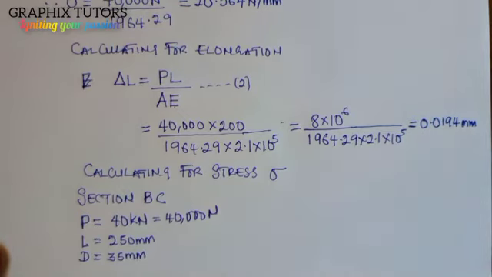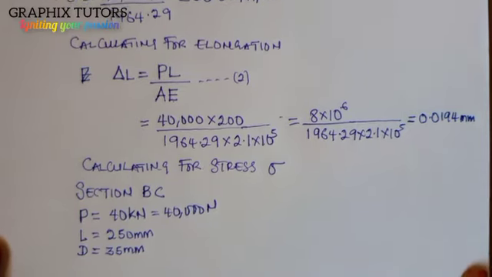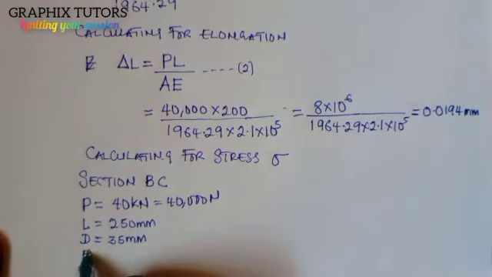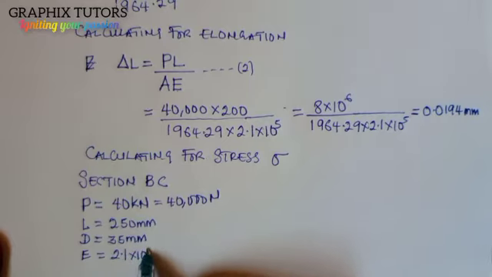Then the next thing that we'll be having should be the Young modulus, which we know it is constant throughout the bar. So the Young modulus E is giving us what? 2.1 times 10 raised to power 5 Newton per millimeter square.